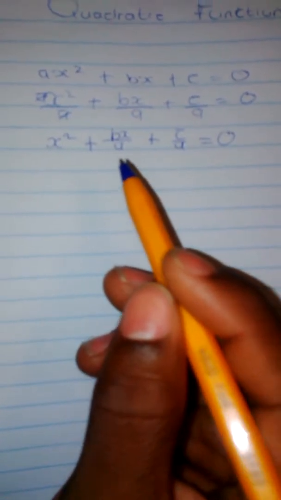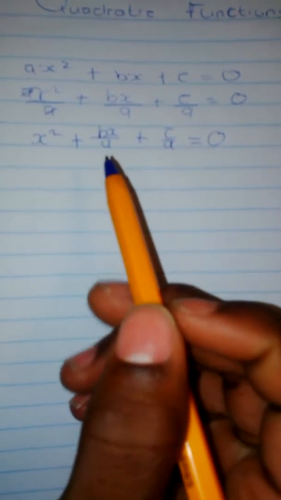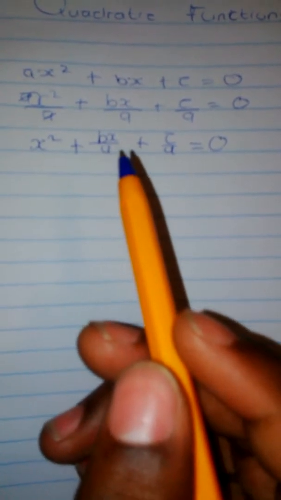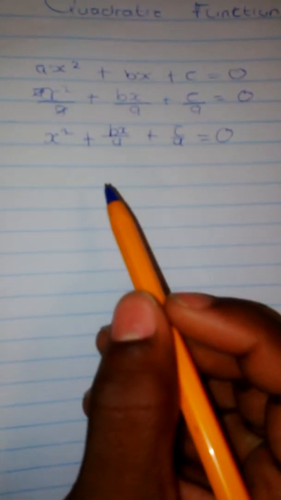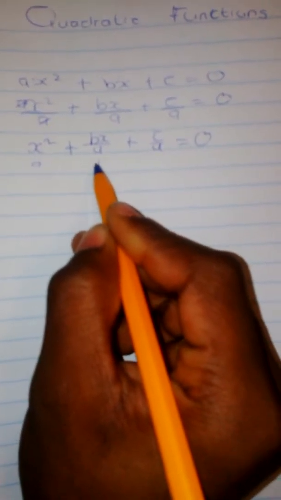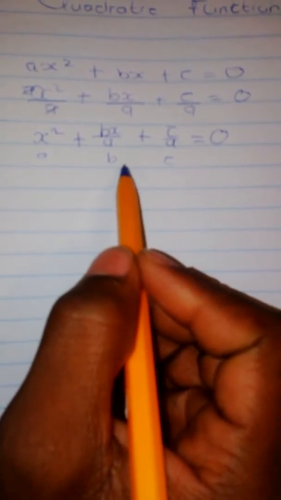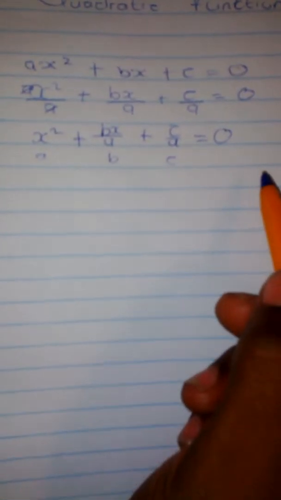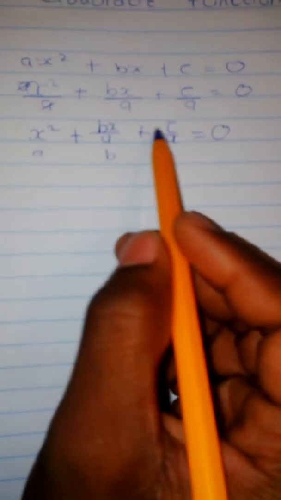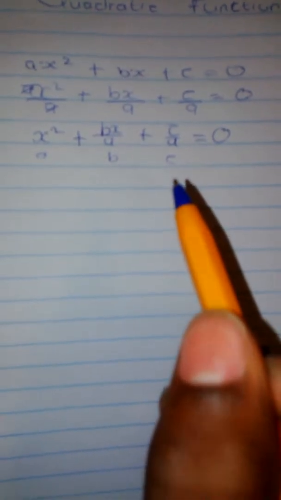Always when you are dealing with a quadratic function, and you are not going to use the quadratic formula, you have this a, b and c. So when you want to pass this step, you need to complete your equation into a perfect square.